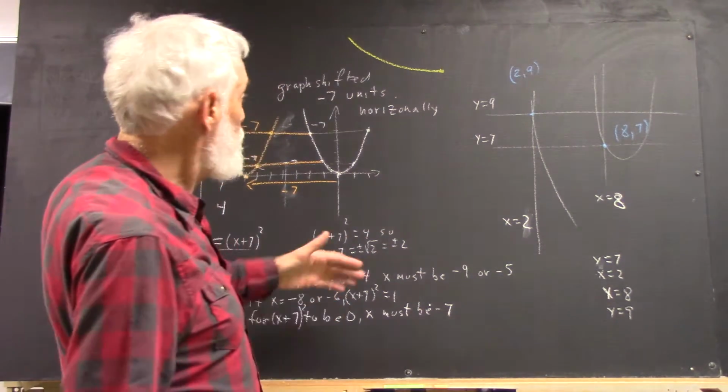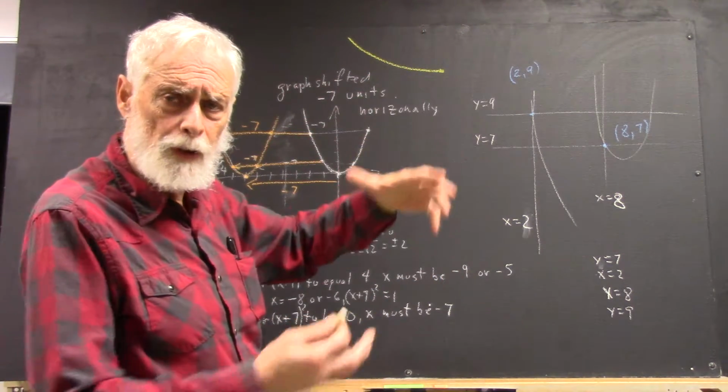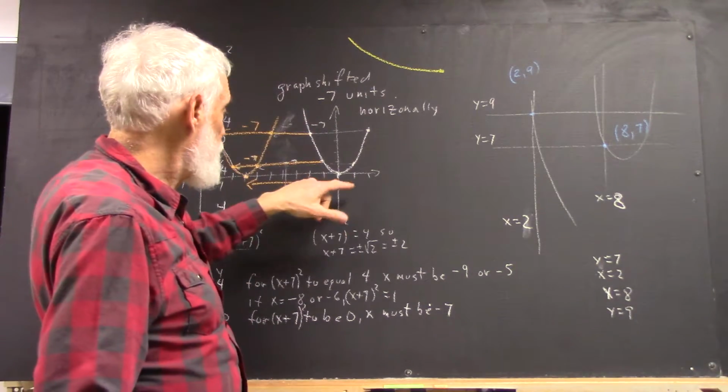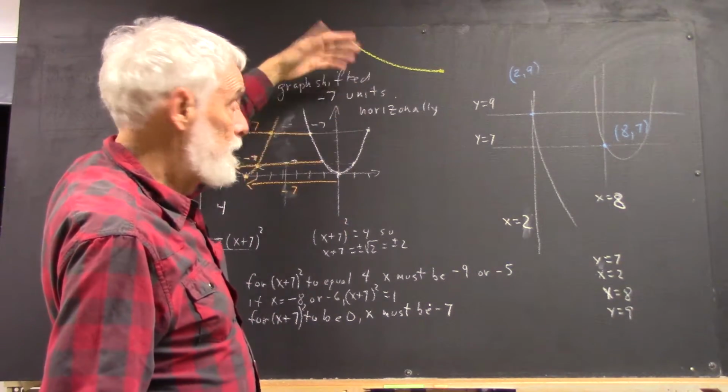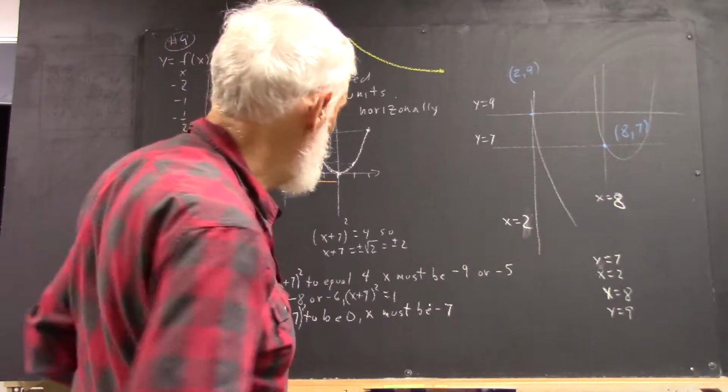The way you drew it probably doesn't look that flattened, but that just depends on what scale you use for the x and the y. On the scale of this graph, the parabola would be quite flattened, and we'll see how that works later.